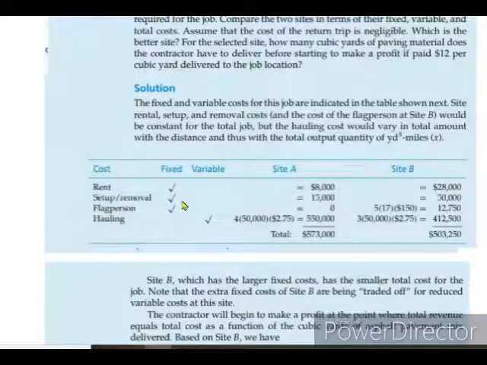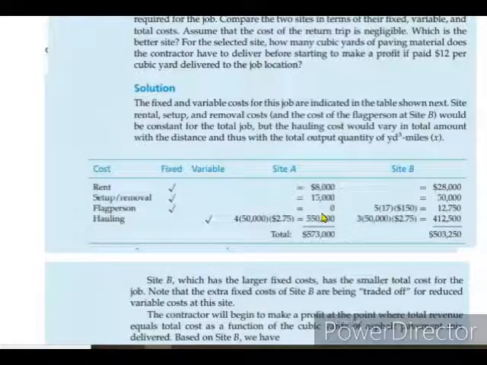The rent is fixed cost, setup removal fixed, flag person fixed, because we are going to outsource them. Okay, the decision is not in the company but to the owners of the businesses that the company is going to transact with. Okay, so only hauling is the variable cost. Okay, so site A, the rent is 8,000.